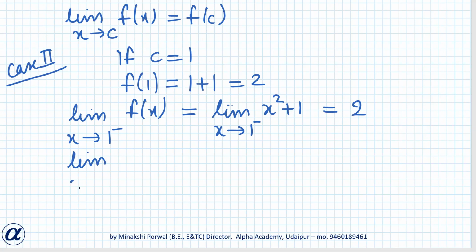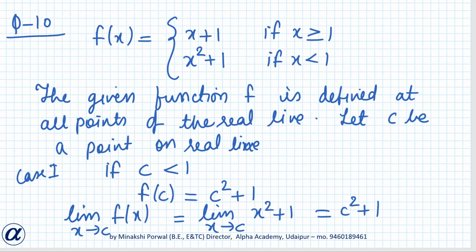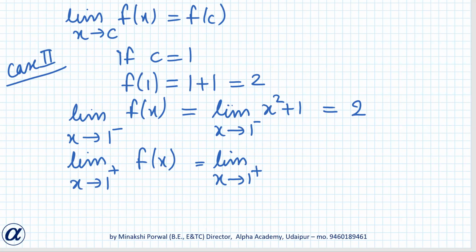Limit x tends to 1 plus f x: approaching from the right hand side, the value of the function is x plus 1. When you substitute the limit, it is 2.